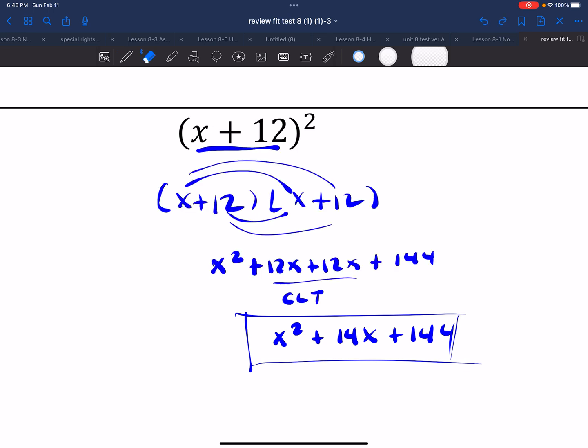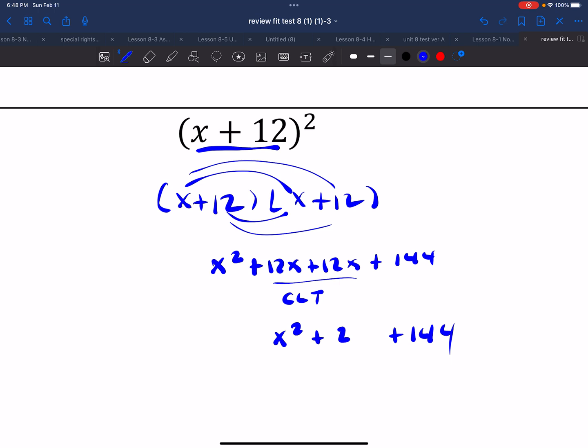I screwed up here, because 12x plus 12x is not 14x. That's 24x. My goodness, I'm making all these mistakes here. So x squared plus 24x plus 144 is your answer. I'm sorry.